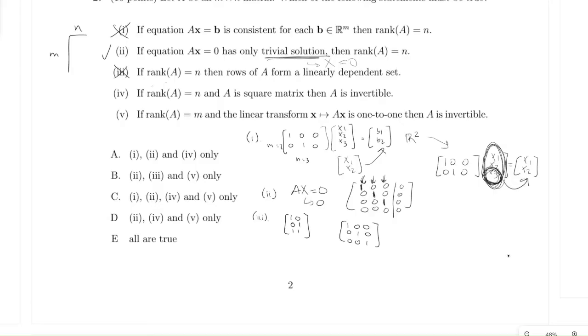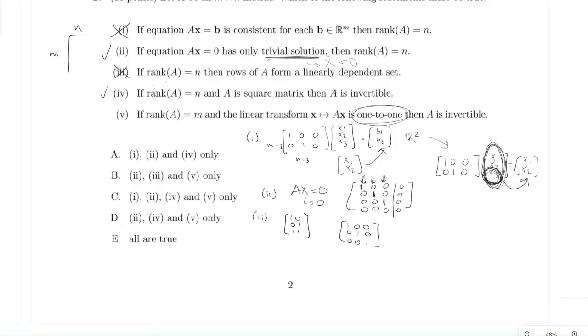For number 4, we have: if the rank is equal to n, A is a square matrix and A is invertible. This is true based on just the definition of something being invertible. For the next one, if the rank of A is equal to m, the linear transform is 1 to 1, then A is invertible. This is true especially because of the phrasing that it's 1 to 1.